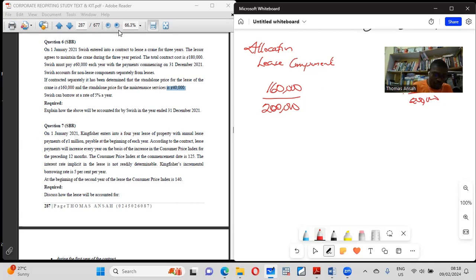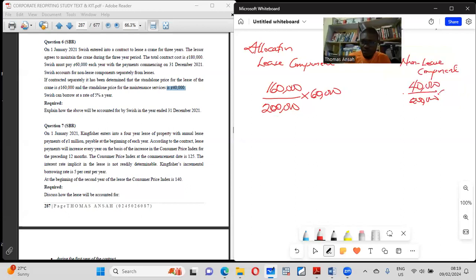It is trying to communicate to me the part of the 60,000. So if I apply this to the 60,000, I multiply by the 60,000, which tells me that the lease component is 48,000. And if that is 48,000, then definitely the other one is 12,000.